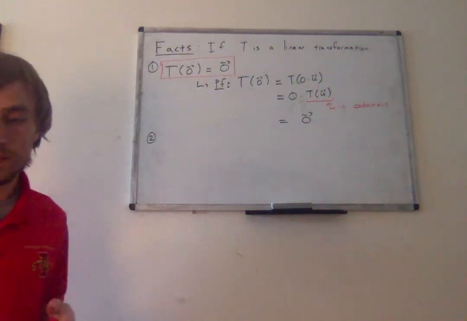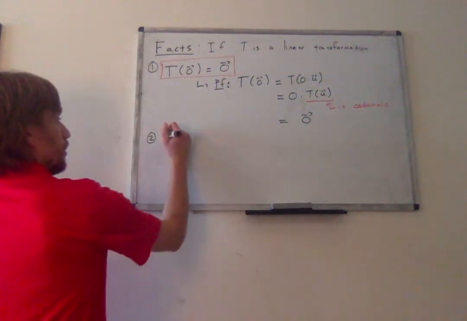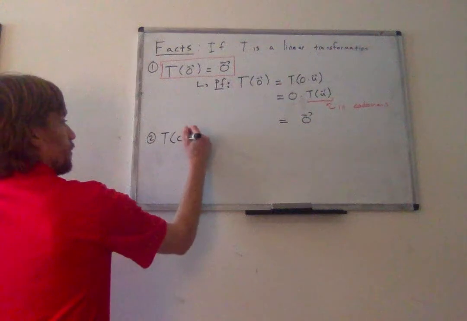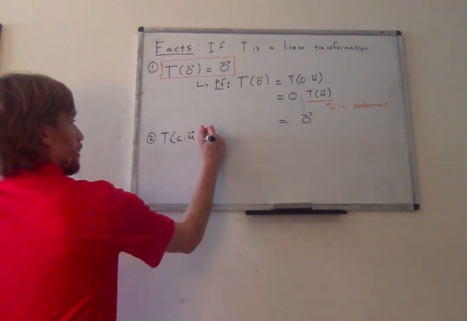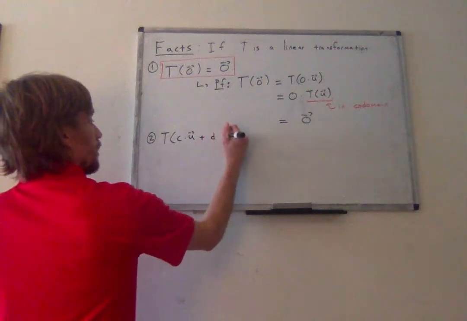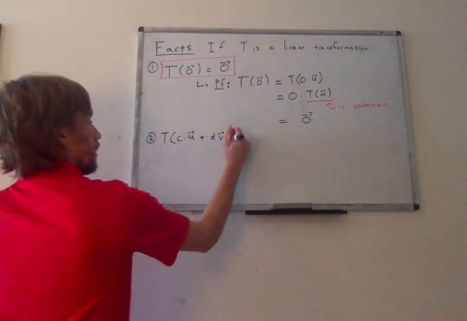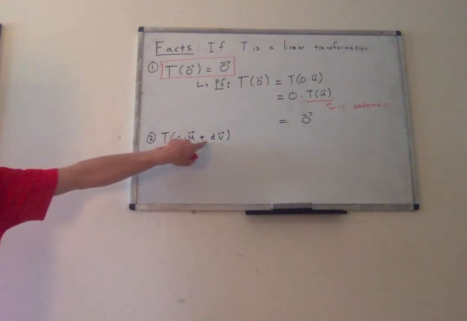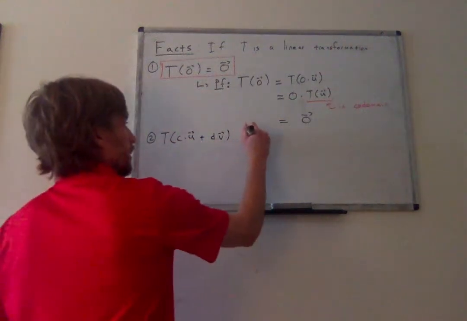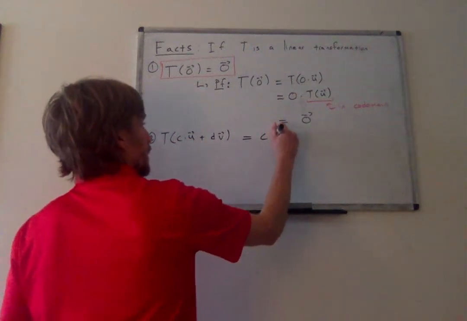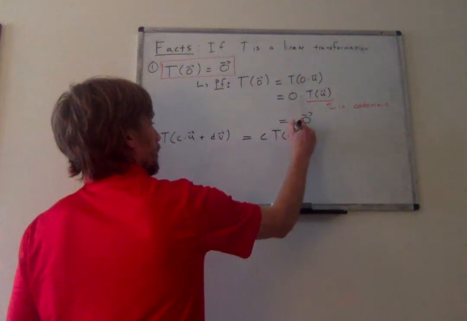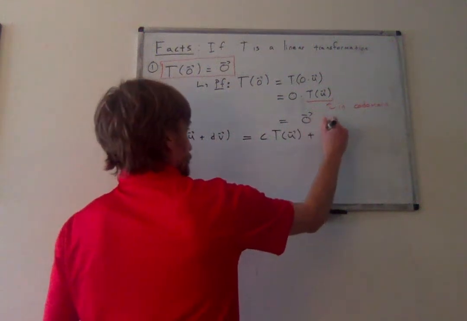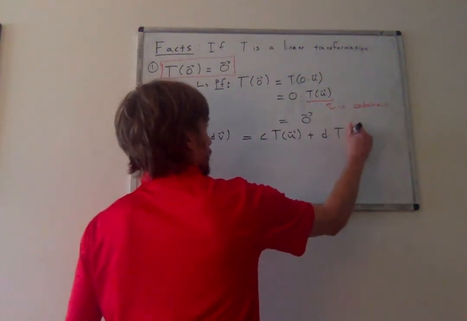So we also know that if I have two scalars and two vectors, that T of c times u plus d times v is equal to c times T of u plus d times T of v.